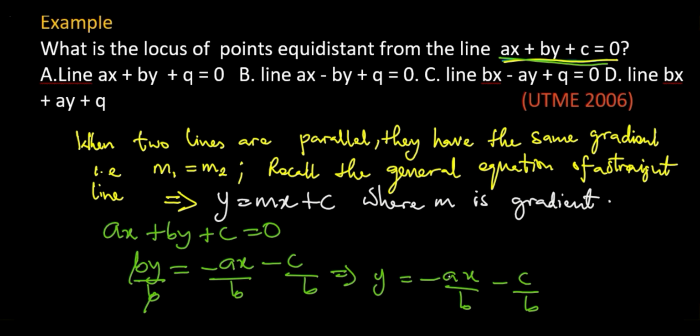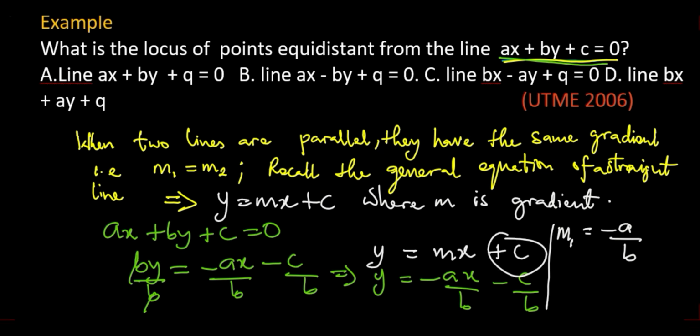Now, if we compare this with the general equation of a straight line, by comparing them we will know that m is equal to minus a over b, that is the coefficient of x, while the c there is equal to the y-intercept, so it won't be the same thing.